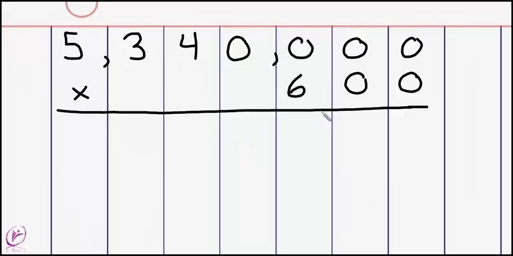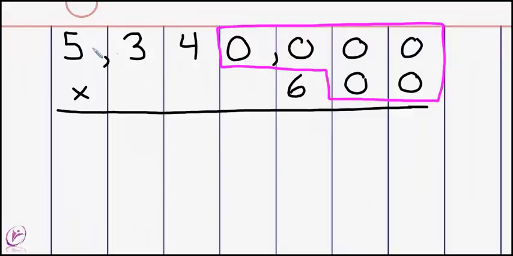Here we have a rather large problem. 5,340,000 times 600. Now we could go ahead and multiply this as is, or we can use our trick. We're going to cut out all the zeros as long as they're at the end of the problem. So 5,340,000 turns into just 534. 600 turns into just 6.